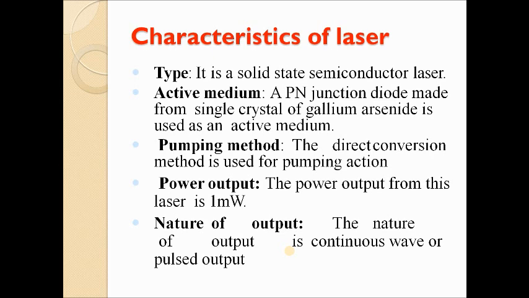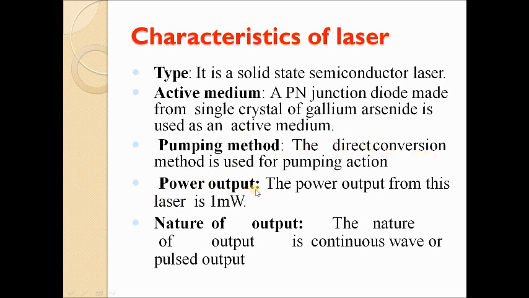These two types of laser diodes have some characteristics which are similar. They both are solid state semiconductor lasers. The active medium is usually gallium arsenide. The pumping method is the same for both of them, that is direct conversion method.